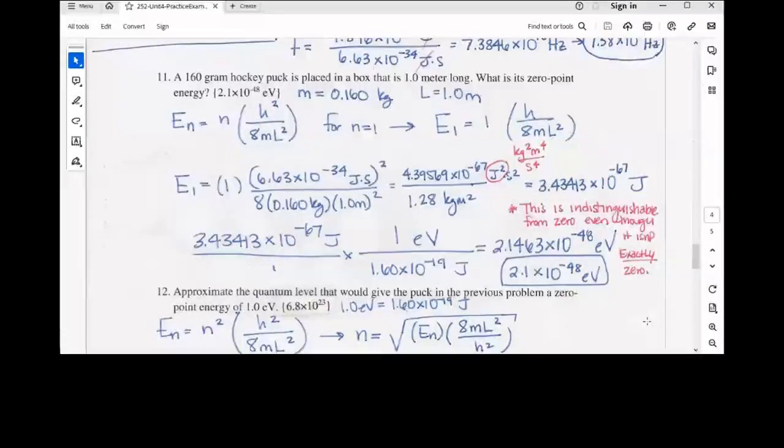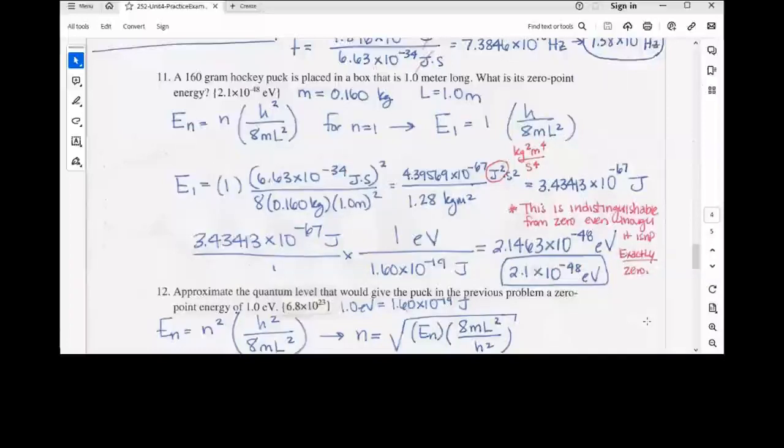So I can go to the expression for energy as a function of quantum state. E sub n is equal to n squared times this group of constants, h squared divided by 8m times L squared, where L is going to represent the length of our one-dimensional box. For n is equal to 1, I can plug in a 1 for those n values.